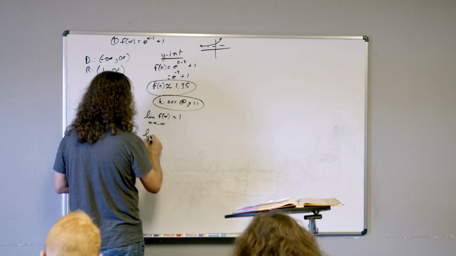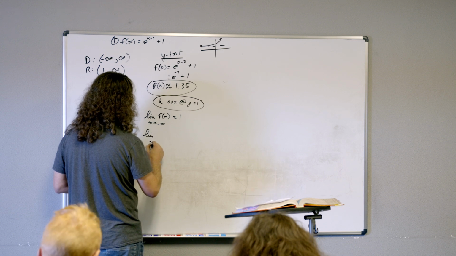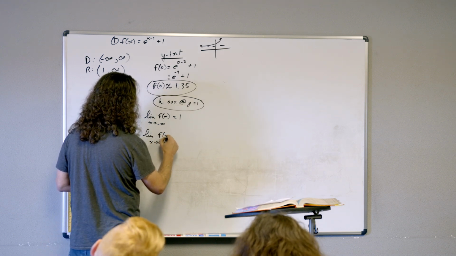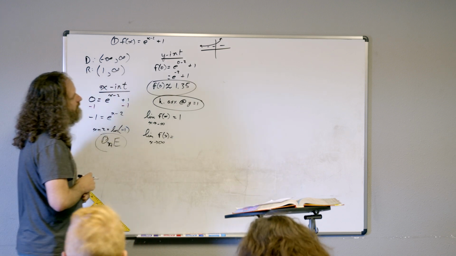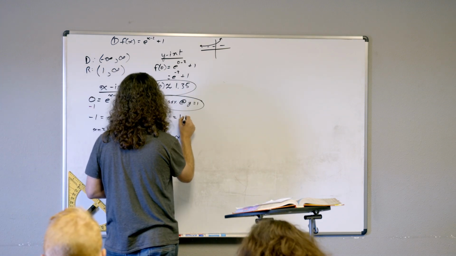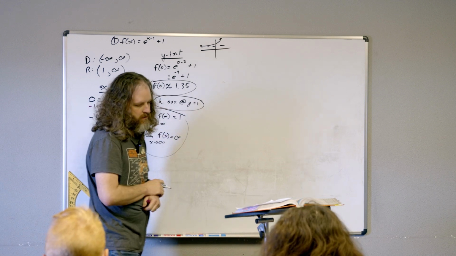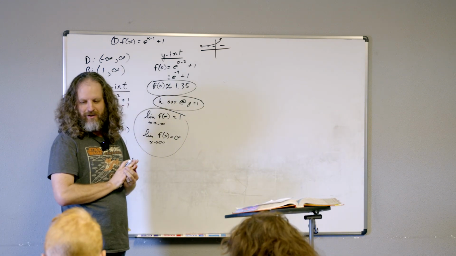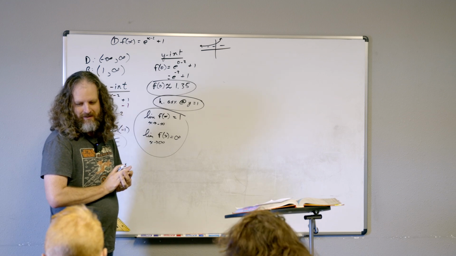And as we approach positive infinity, what's the limit as x approaches positive infinity? This time it is positive infinity, right? What about the end behavior on number? You tell me what it should actually be. Oh, we're approaching positive infinity.